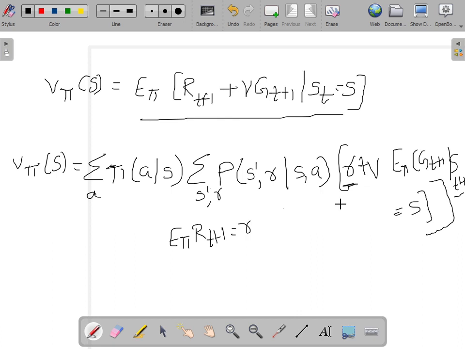Now, if we want to simplify further, how can you simplify? You can simplify directly by writing in this way. So again I'm erasing the part so that we can write a complete equation here.